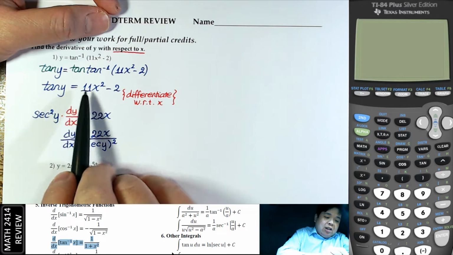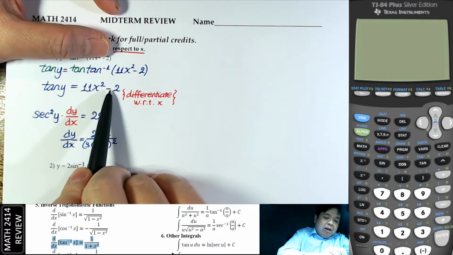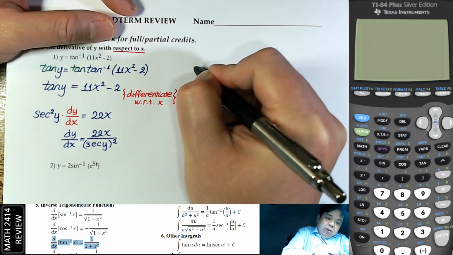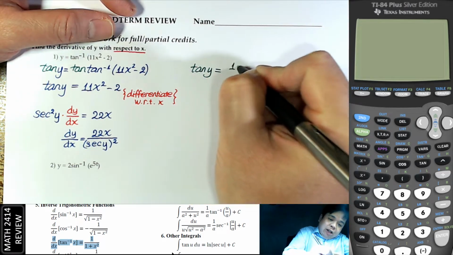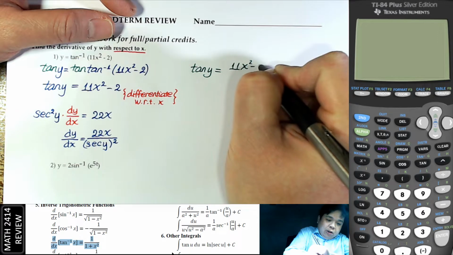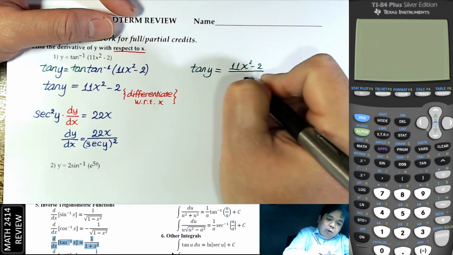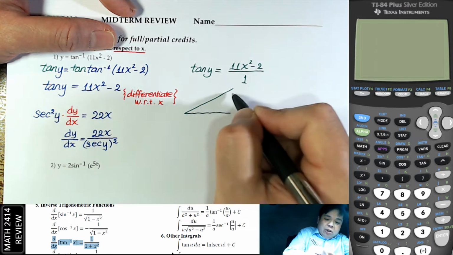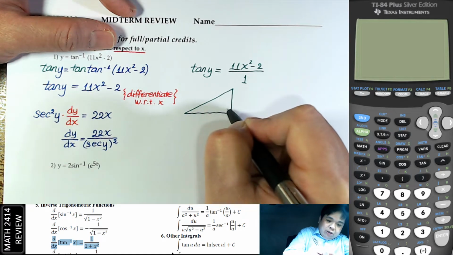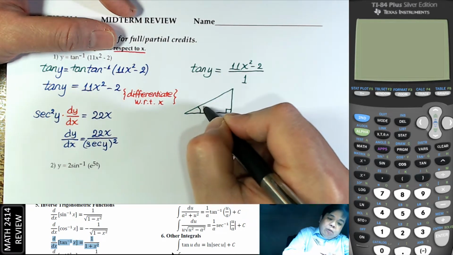Originally we have tangent of y is 11x squared minus 2. I need to write that as a fraction or as a ratio, so 11x squared minus 2 over 1, so we can put it on the right triangle, the angle being y.